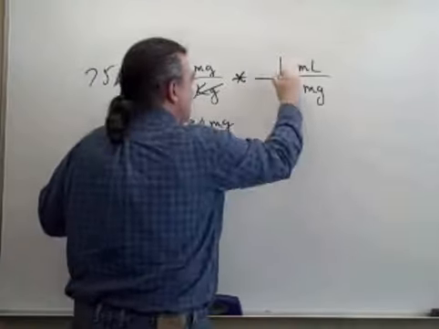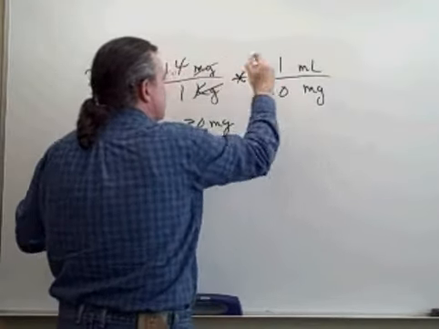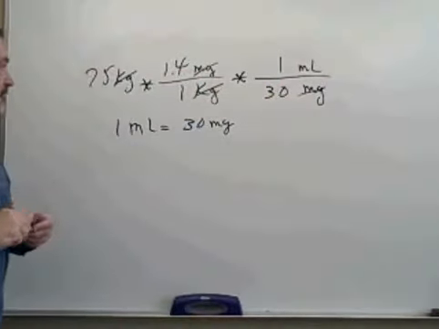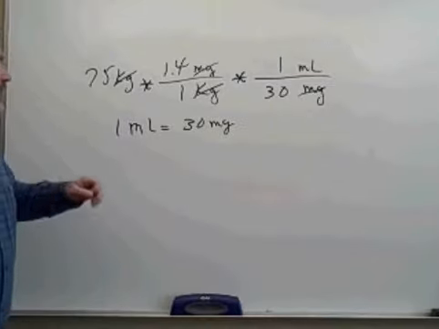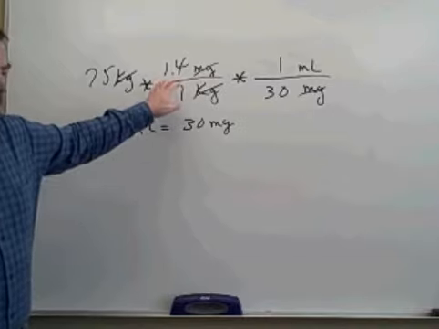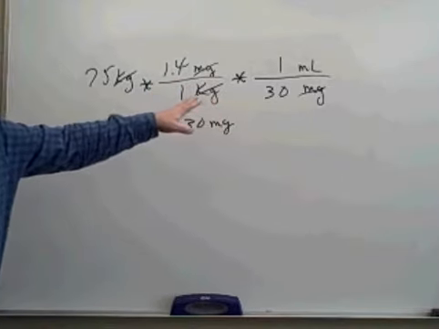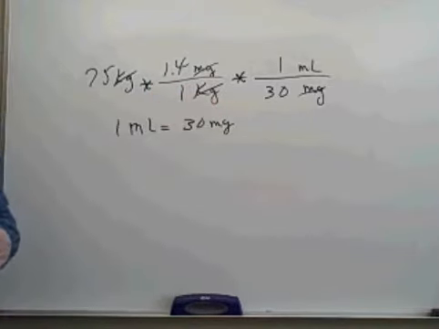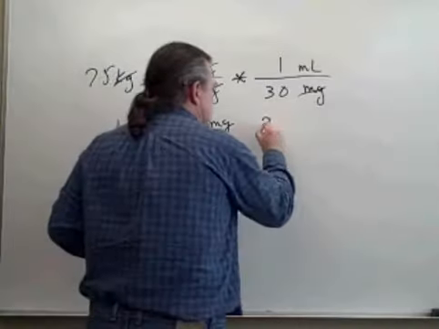It says that 1 milliliter contains 30 milligrams of the drug. So if we take 75, multiply it by 1.4, and divide by 30, we get an answer of 3.5 milliliters that should be injected.